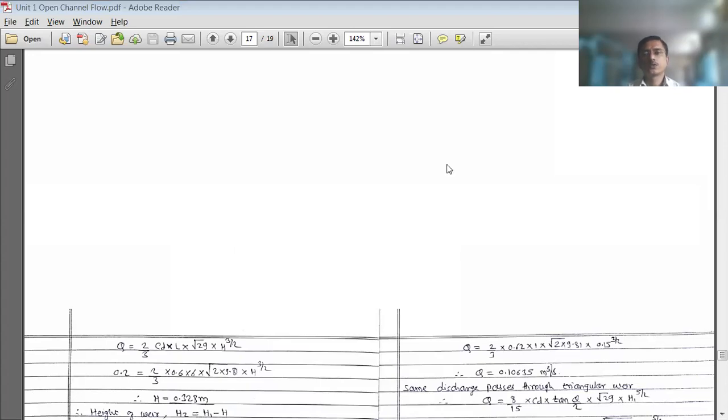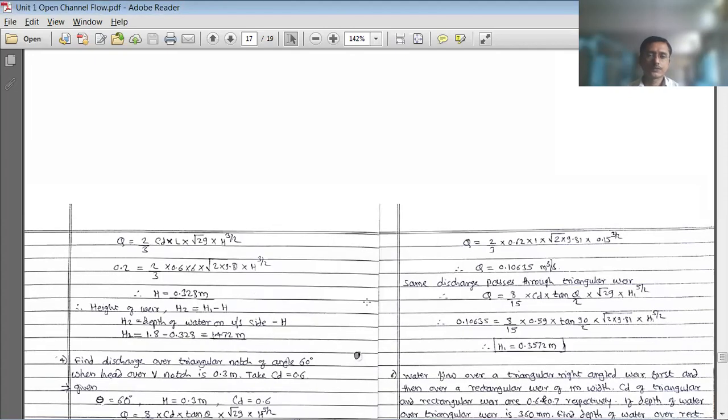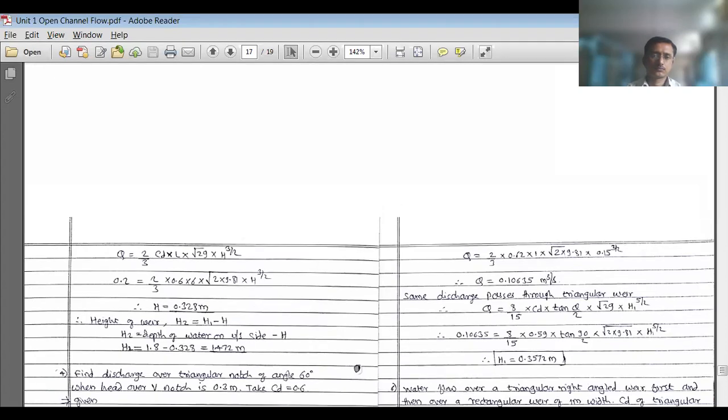Okay, those students who have not got the answer, please note it down in your notebook. H2 is equal to 1.472. Now I am going to dictate you the MCQ questions which may be asked in your oral examination. You can note these questions in your notebook.